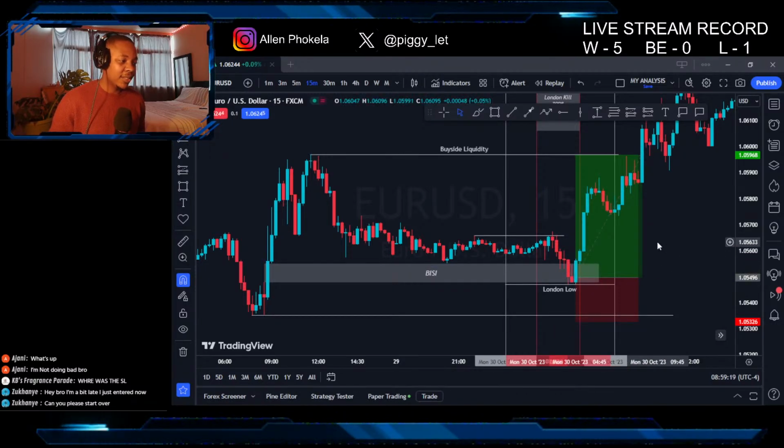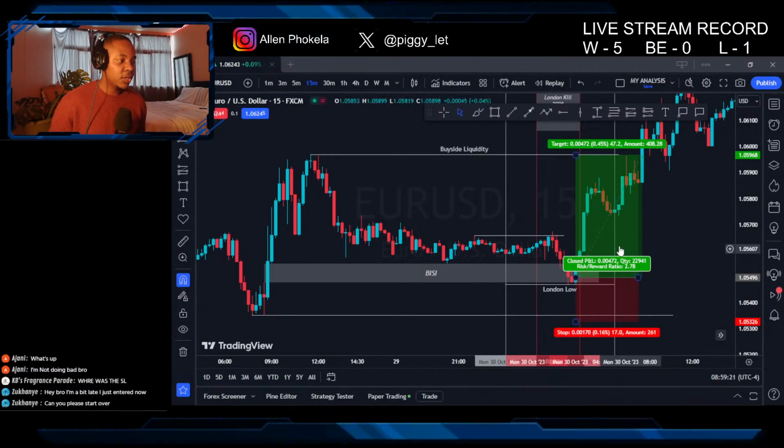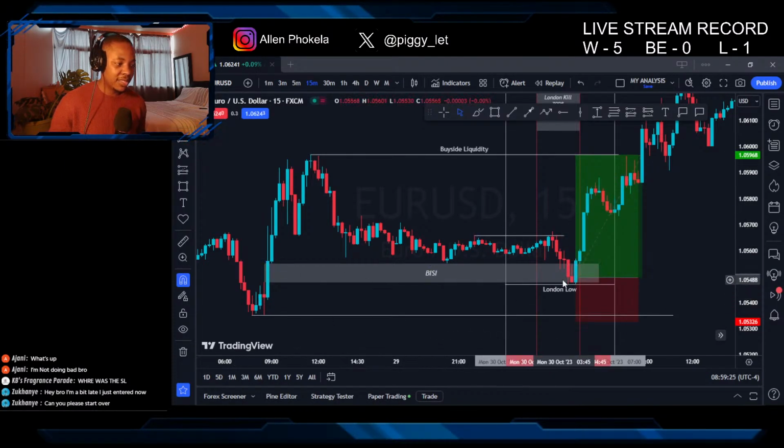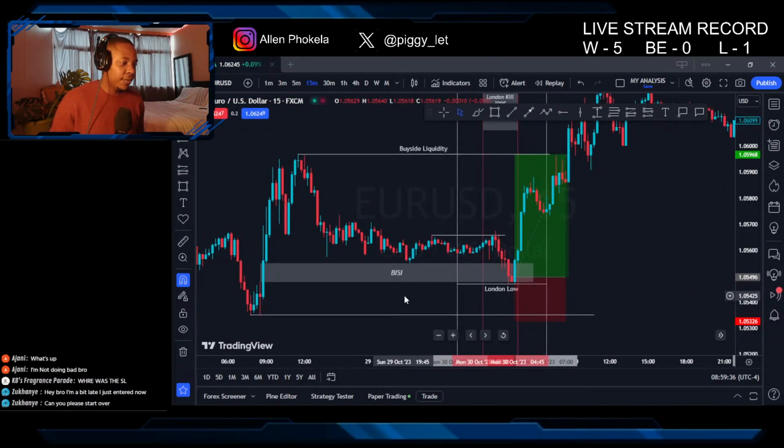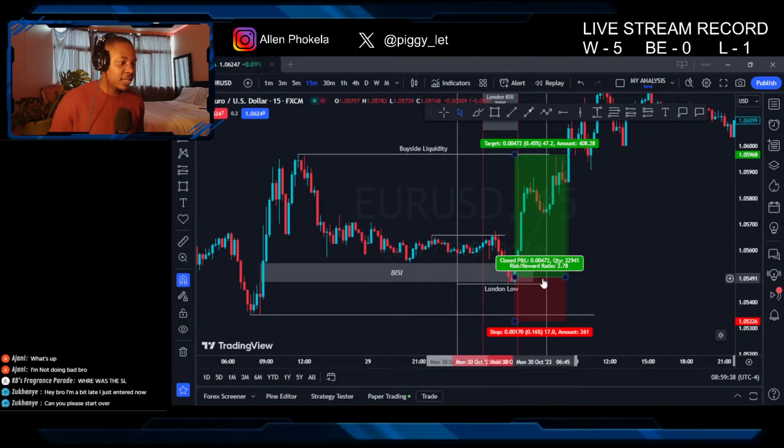So during the London session kill zone, when you get a setup like this, 25 to 50 pips is generally guaranteed. Not entirely, but you should always look for those numbers. So that will be a nice entry.